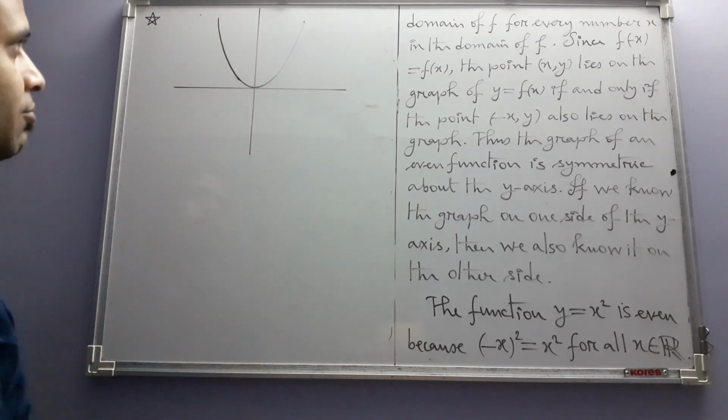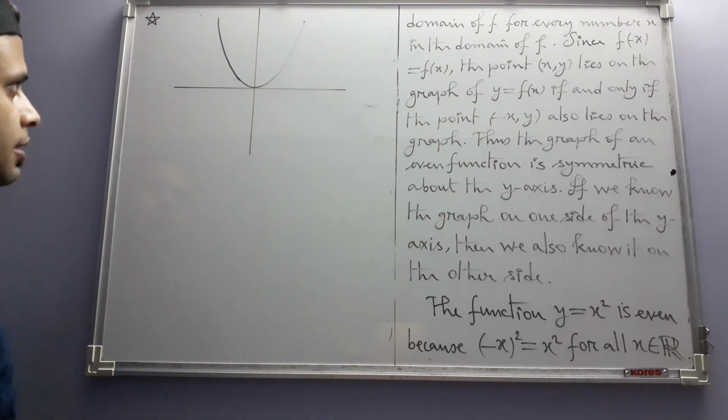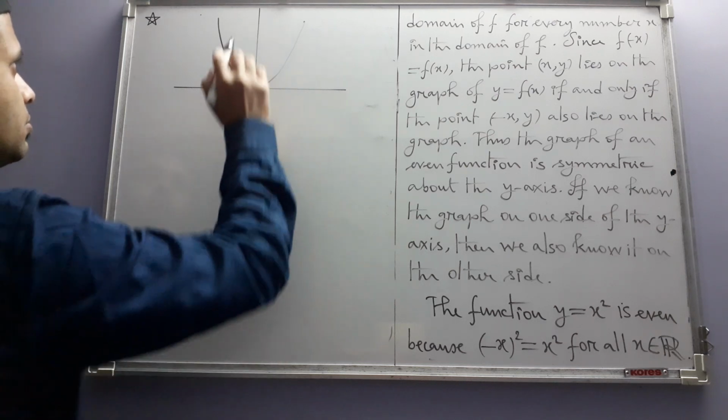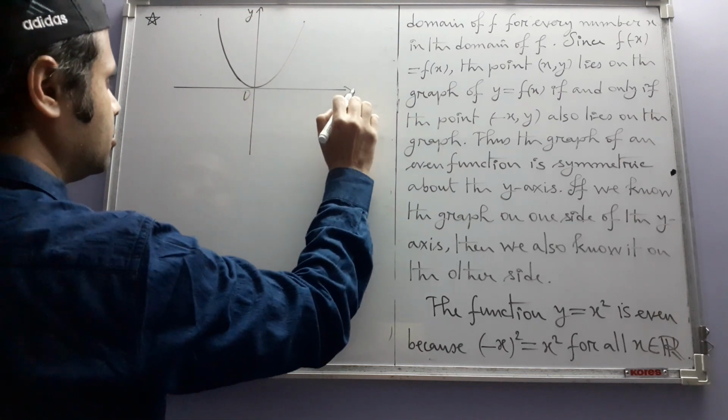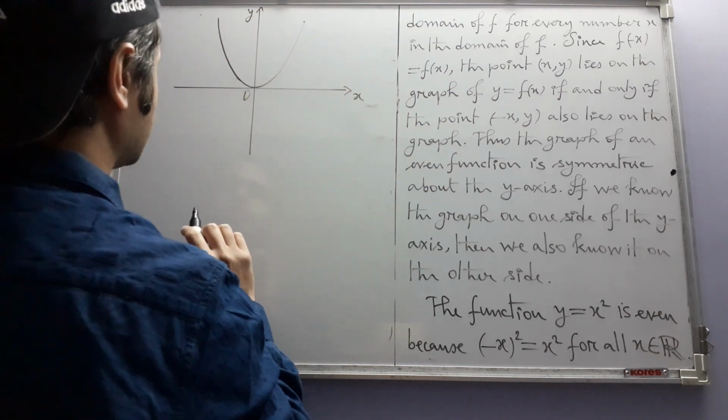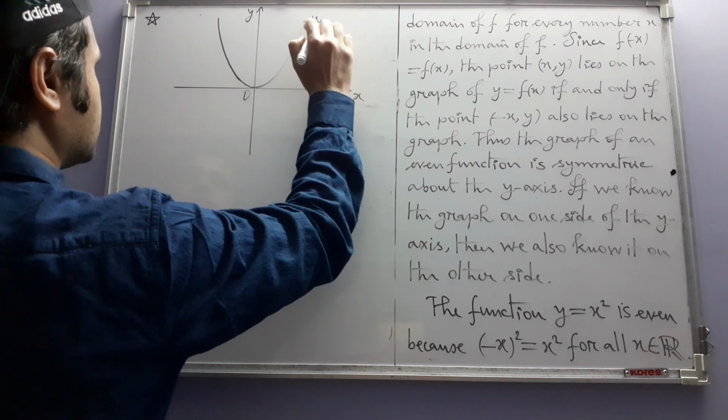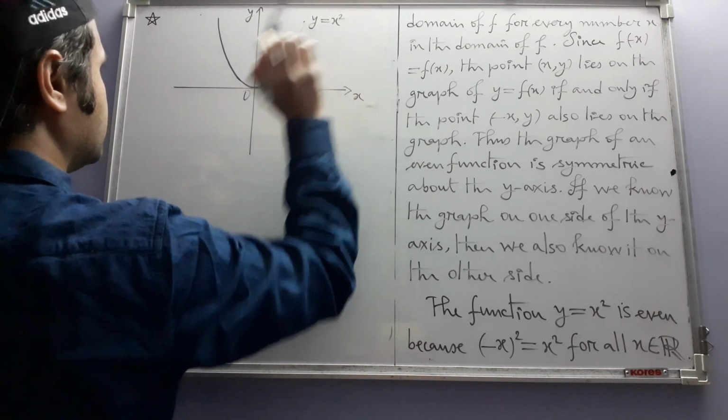Okay, it looks roughly like this, a parabola. This is the y-axis, this is the origin O, this is the x-axis, and this is the graph of y equal to x square.